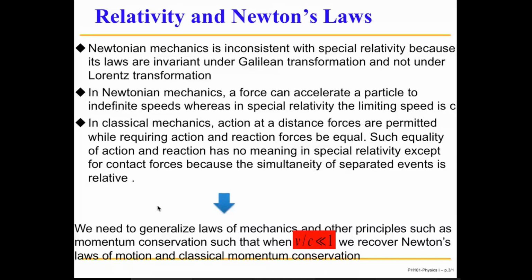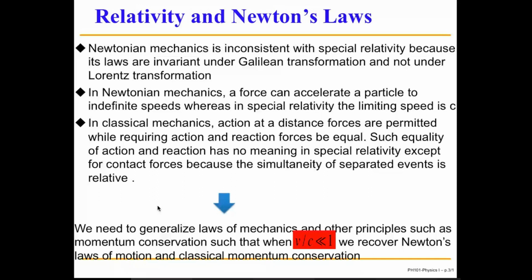Moreover, in classical mechanics, action at a distance forces are permitted, while requiring that the action and reaction forces be equal. That's the third law, right? Such equality of action and reaction has no meaning in special theory of relativity except for contact forces, because the simultaneity of separated events is relative.